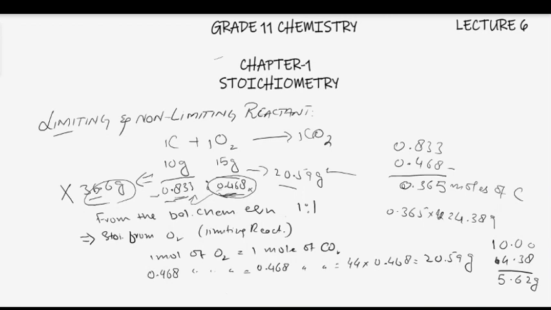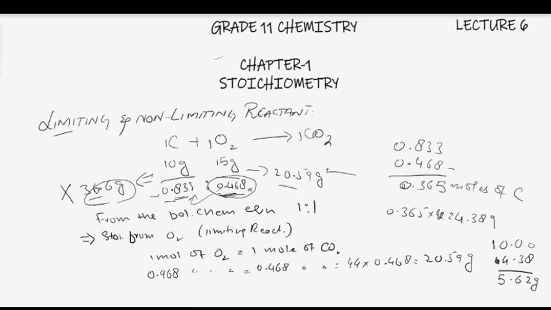Now that is the importance of finding out the limiting reactant in a chemical reaction and then doing the math from the number of moles of that particular reactant, getting to the correct yield of the product.